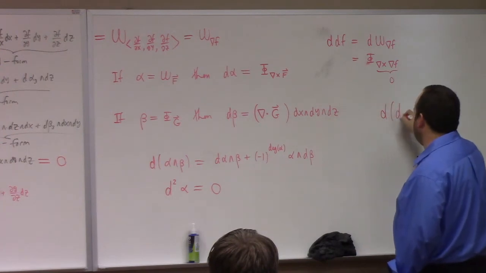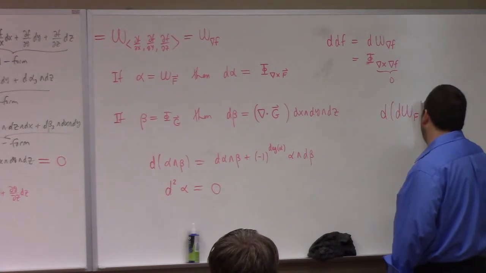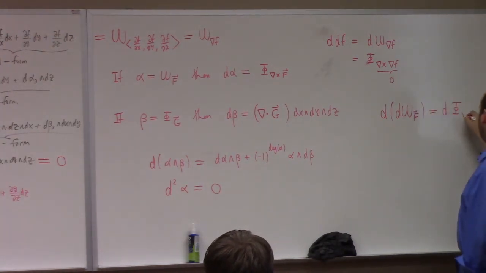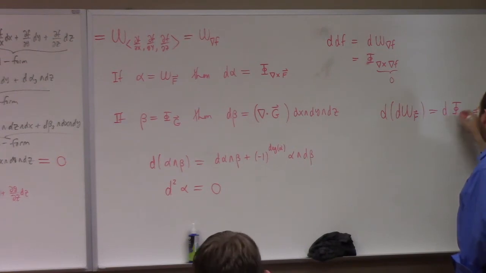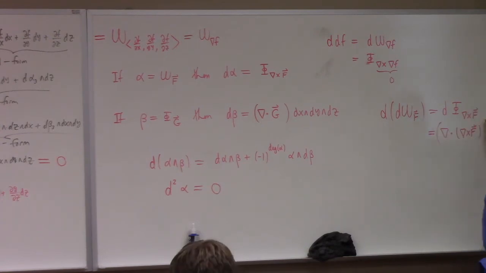If I say d of d omega f, that's d of the flux form of the curl, which is the divergence of the curl, which is also, as we know from vector calculus, 0.